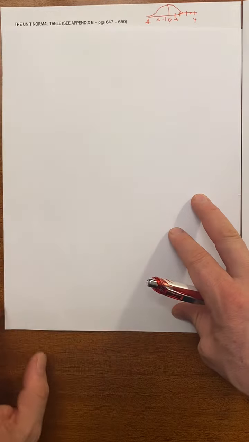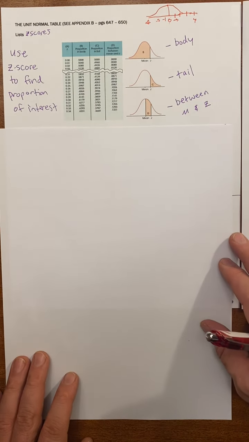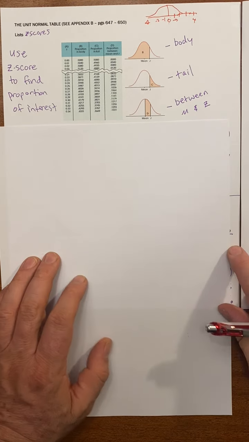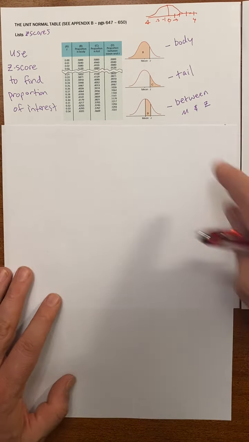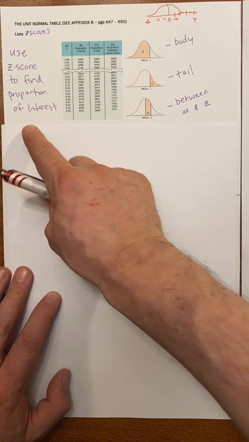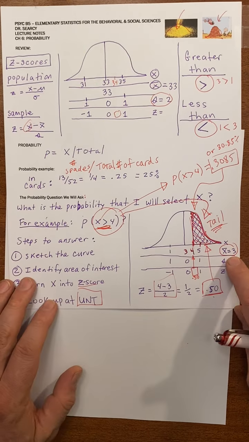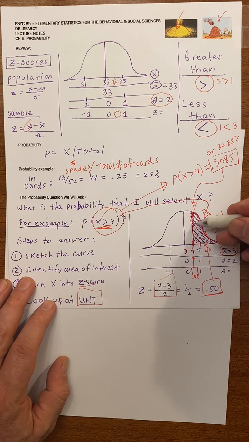Okay, so with that, then let's think about what we do with this unit normal table. And I've got this example of a cutaway chunk. When we use the unit normal table, we use z-scores to find proportions of interest, right? So we just used the z-score to find what this proportion of interest was. How do we do it?